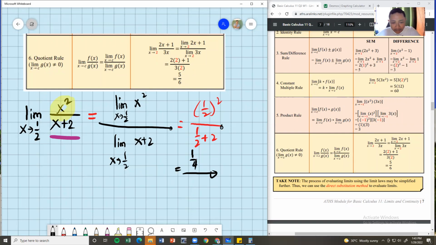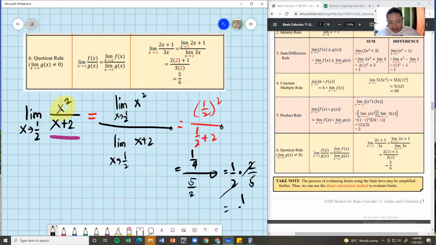And this time, 1/2 plus 2, this is 2.5. And so that's 5 over 2. Kasi 2.5. Correct. And then, of course, to simplify this will become 1/4 times the reciprocal of your denominator, which is 2 over 5.